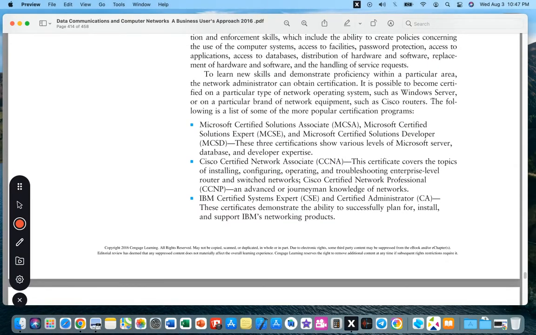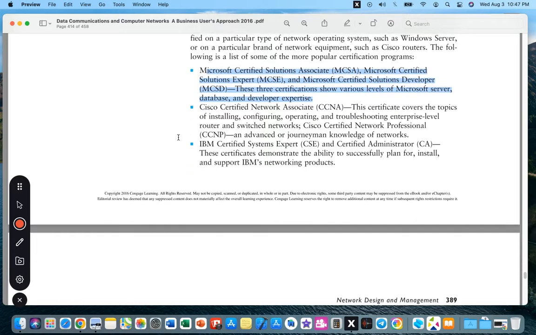The following is a list of some of the more popular certification programs: MCSA, MCSE, MCSD. These three certifications show various levels of Microsoft server, database, and developer expertise.